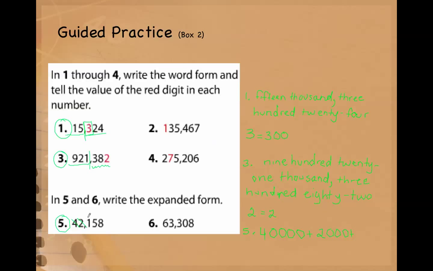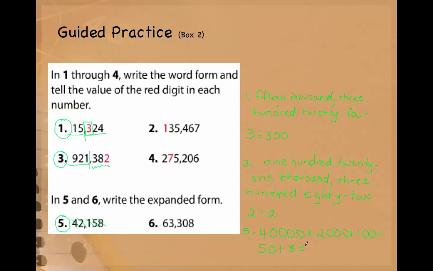Plus, I cross off the 1. How many spaces behind it? 1, 2. Plus, cross off the 5. Plus, cross off the 8. And that's expanded form for that number.